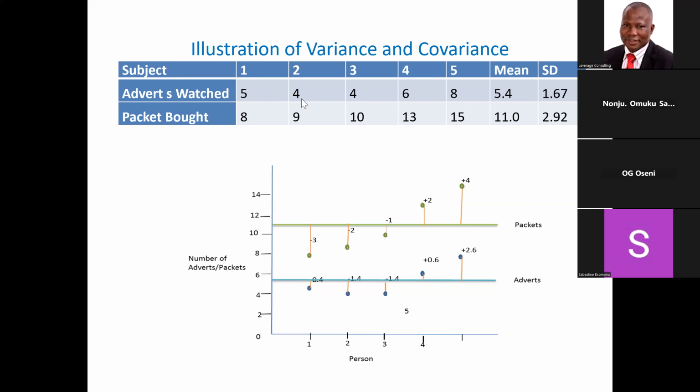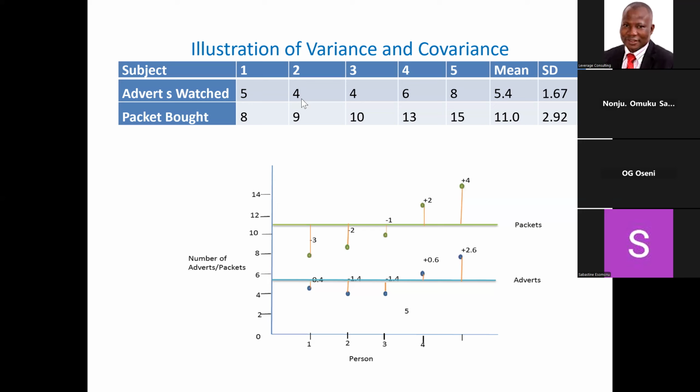But if it's vice versa, as the number of advert words increases, the number of packets bought decreases. Then the first three values for packets bought will be above the mean, while the last two are above the mean for advert words, the other one will be below the mean. So they will be in opposite directions.